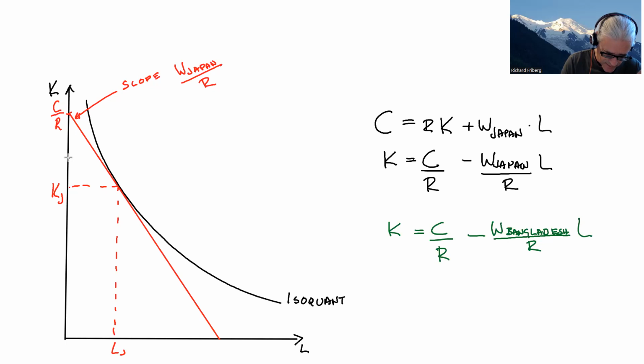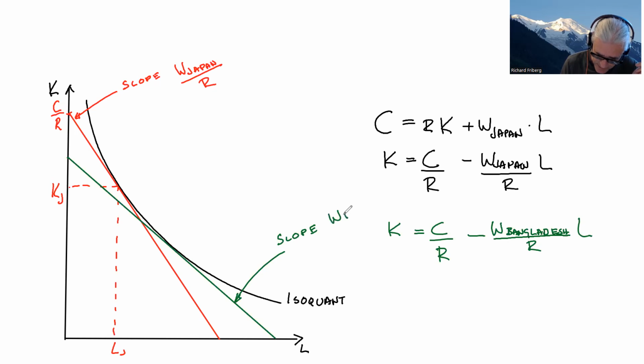So say that we assume that wages are lower in Bangladesh. So this is going to be the slope of that. The slope of the iso-cost is going to be given by the relative price in Bangladesh. So wage in Bangladesh over the rental rate of capital, which is assumed to be the same.